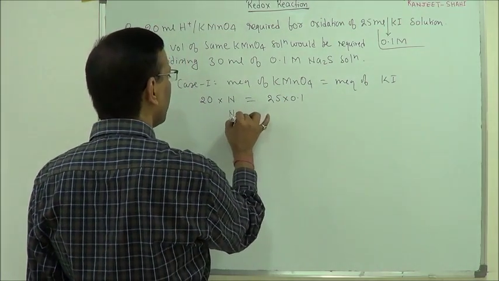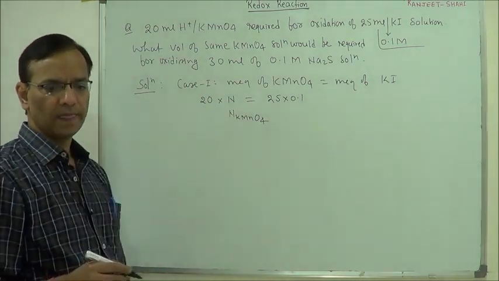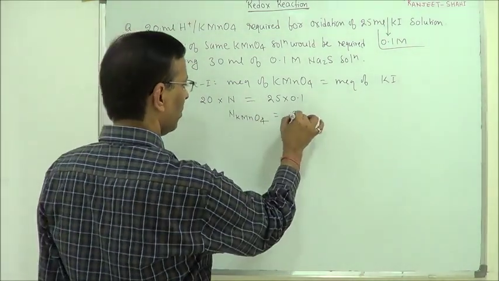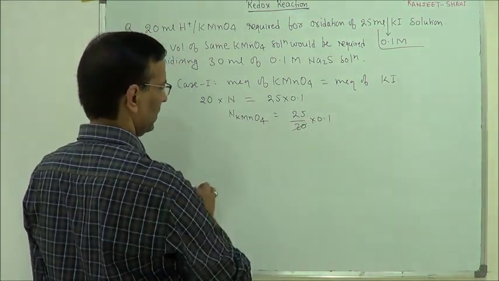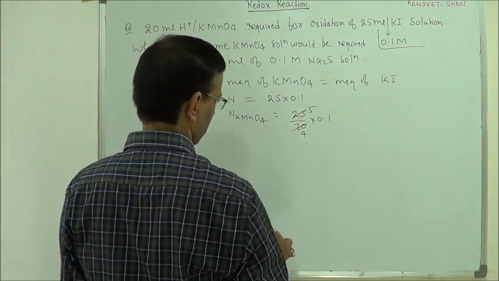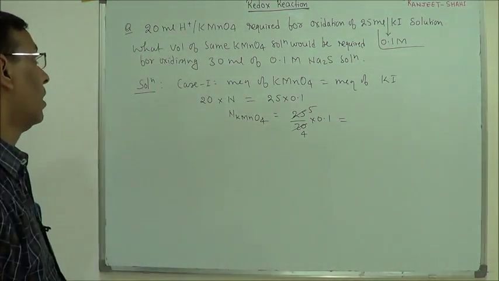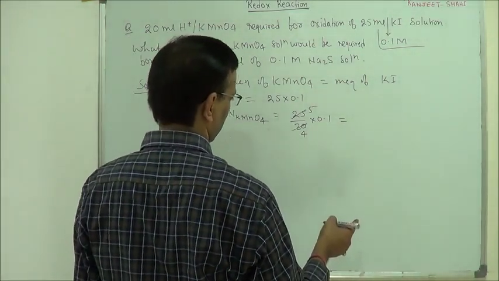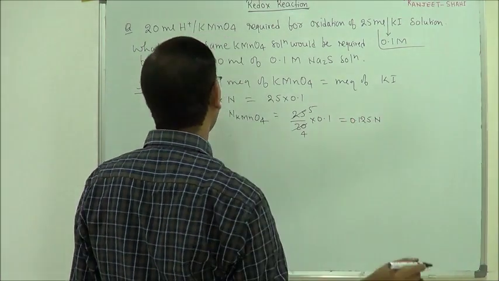So normality of KMnO4 solution is 25 upon 20 into 0.1, which is 0.125 normal.